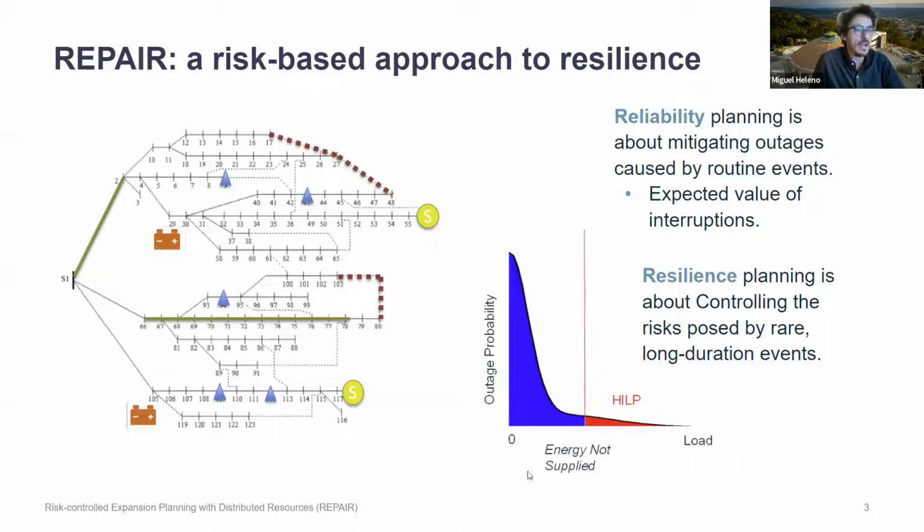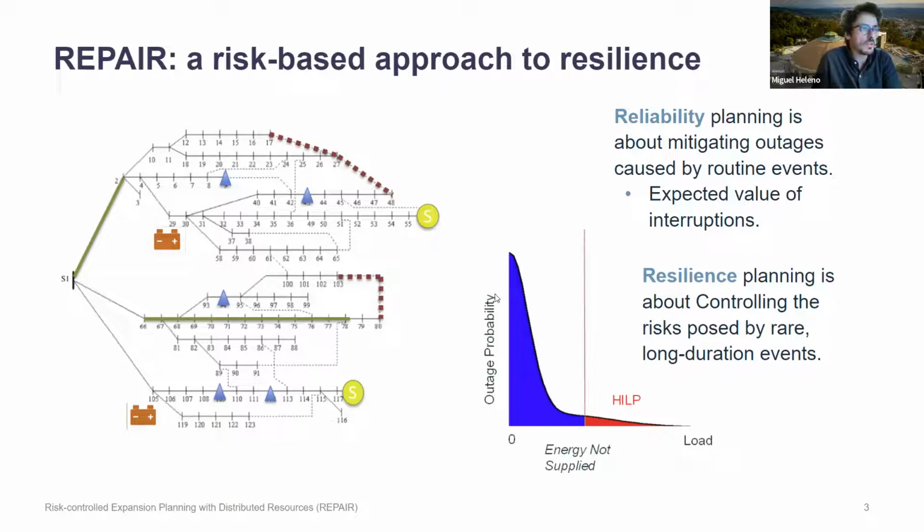And then there is an energy not supplied, or customers not supplied, some energy that is not delivered to the consumers. When you look at the expected value of this curve, normally we come up with indices that have to do with routine failures and routine aspects of the outages, captured by metrics like SAIFI and SAIDI, typical reliability metrics.